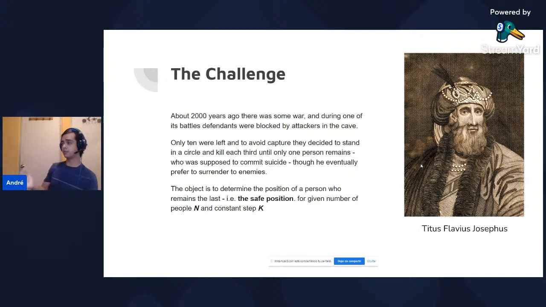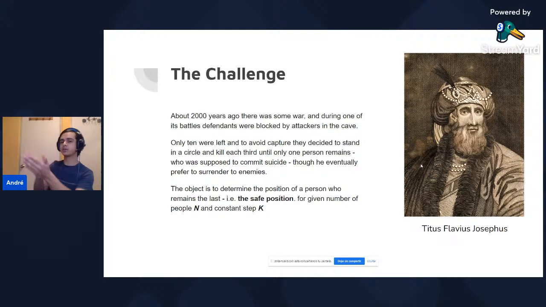So to put it in simpler words, the problem is this. We have a set number of people or positions, in this case 10, that we put around in a circle, and we're given a constant step k. This value means that, for example, we start on the circle. The first person that would start on the circle would be position 1.